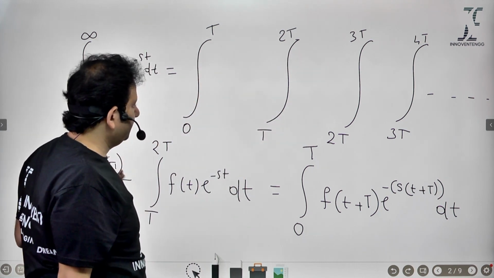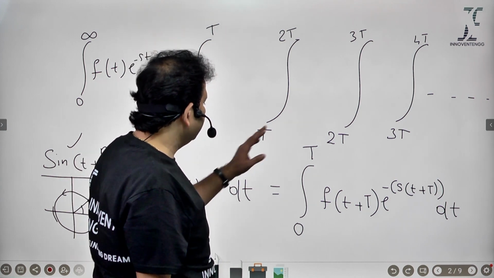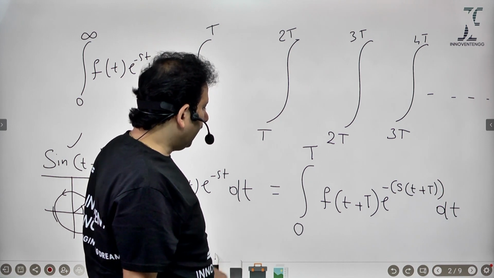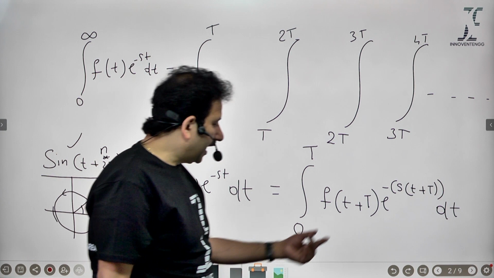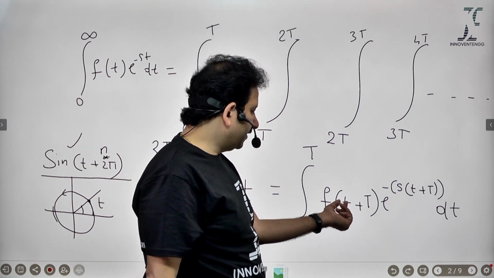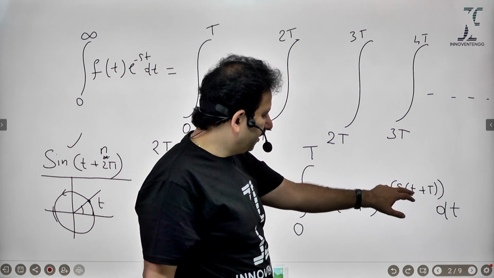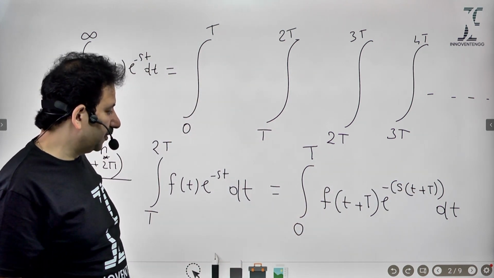When you shift left, it is from 0 to T, because you are shifting exactly by one period. That means the lower limit becomes 0 and the upper limit becomes T. And in order to do the left shifting, you will have to add one period to the independent variable small t, for all the terms involved: the exponential as well as the periodic function that you are talking about here.